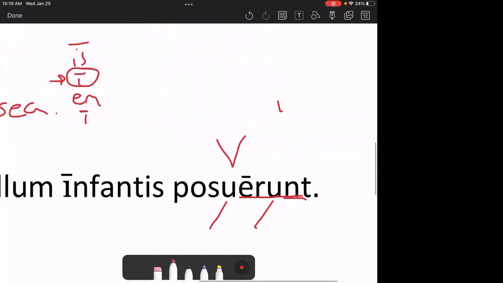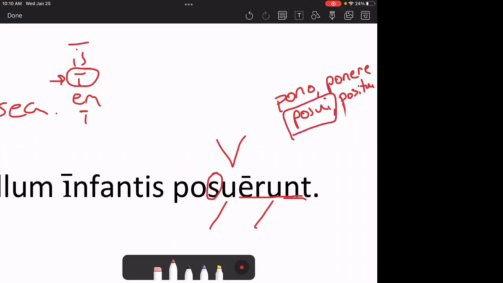It is from pono, ponere, posui, positum. Okay, so where is that S showing up? It's showing up in your third principal part, which tells us what tense is it? It's perfect tense. And our ending, erunt, not just unt. Okay, so perfect tense, erunt, third person, plural, third plural perfect.